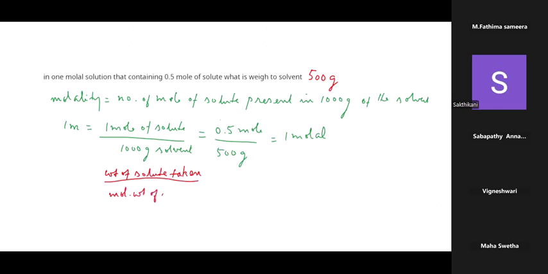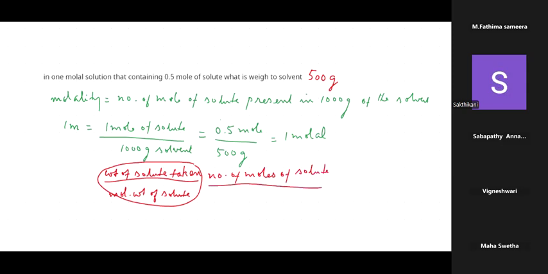That will give you the number of moles of solute. If this is taken in a particular weight of the solvent, divide by the weight of the solvent, then what would be the number of moles present in 1000 gram of the solvent? This is molality.